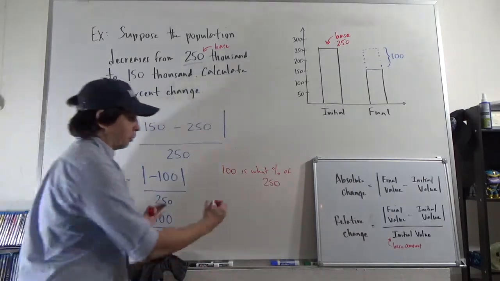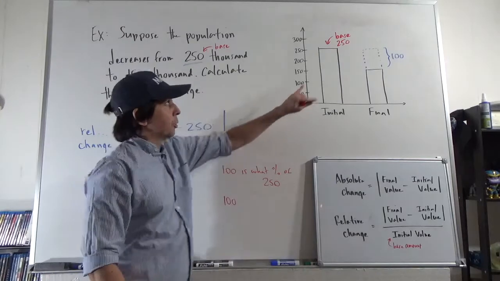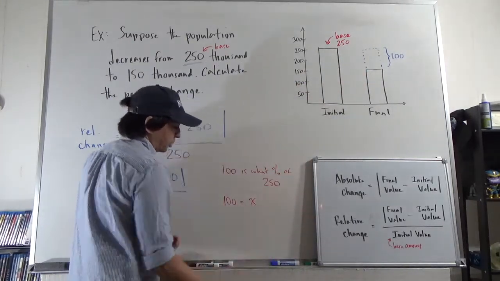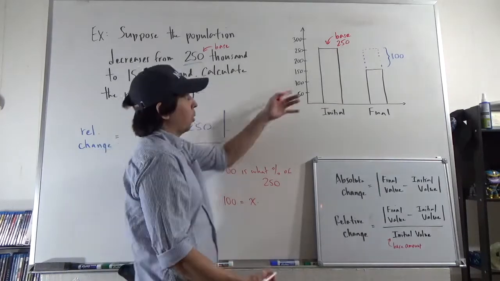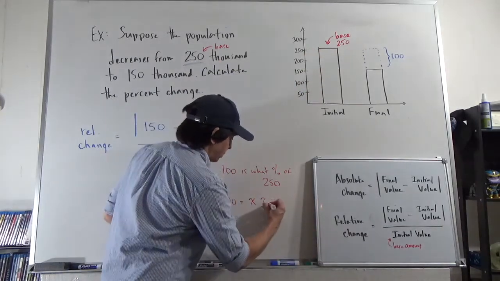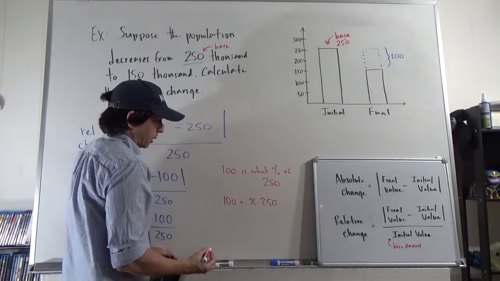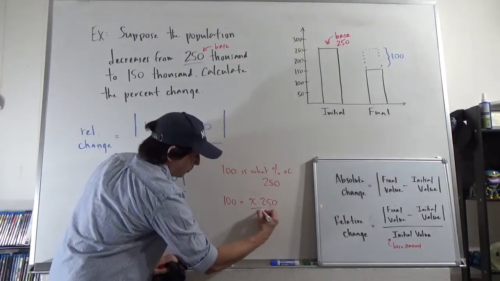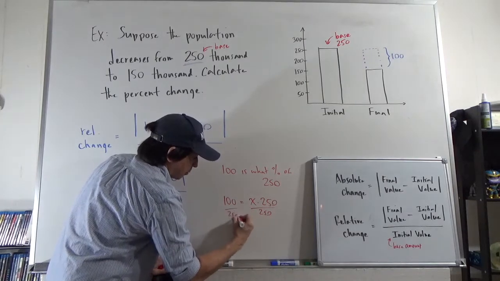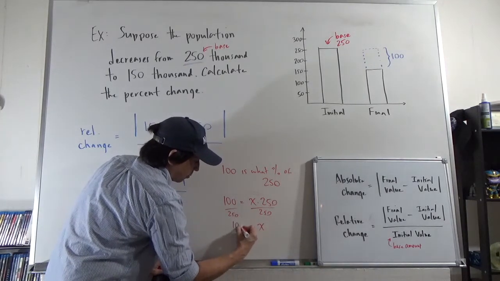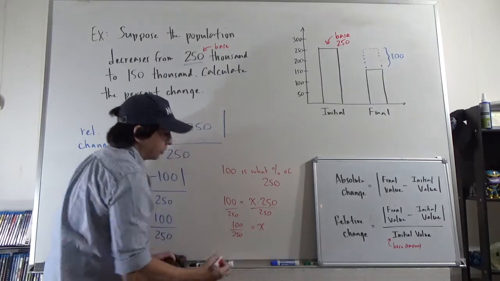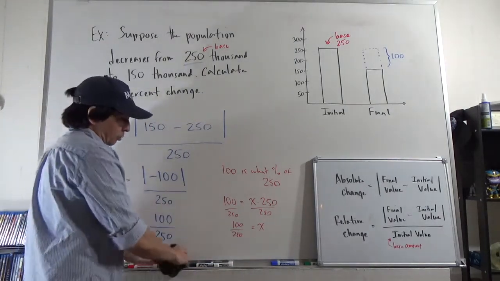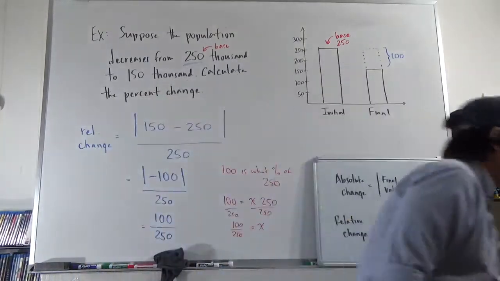The setup is your part is 100, that's the part that's missing, equals some unknown percent times your whole. Your whole is your whole candy bar, your base amount. And then you end up dividing by 250. And so to calculate a percent, you just divide part by whole and make a fraction and convert that fraction to percent. Again, that's a review of things we did previously.